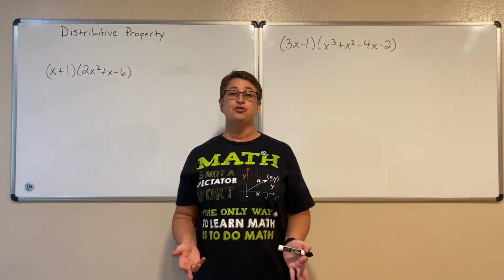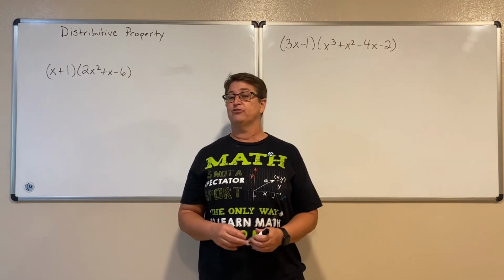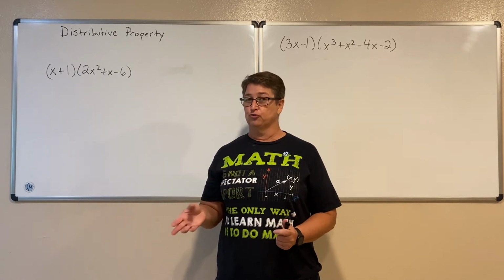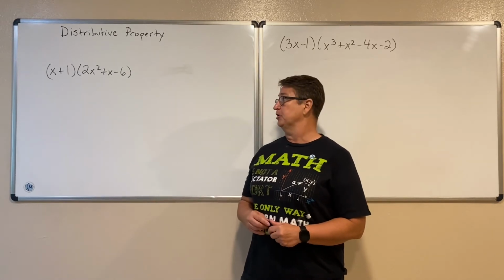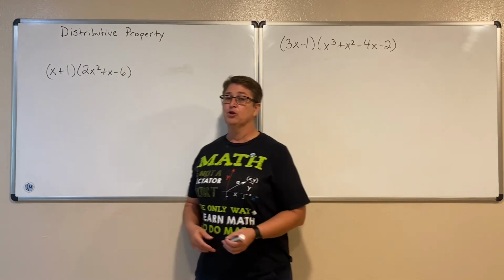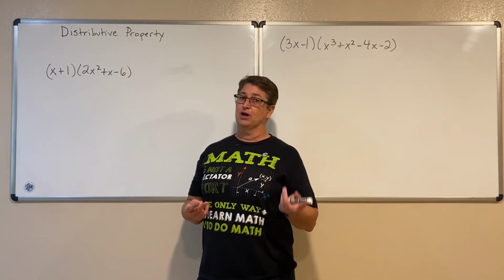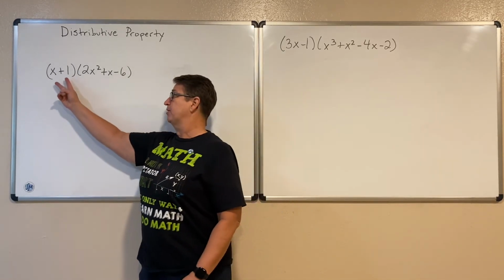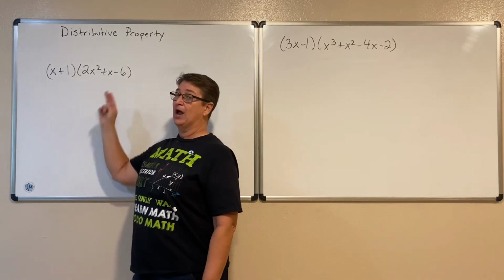We're going to continue to use the distributive property with more and more difficult polynomials that we're multiplying together. So before we multiplied a binomial times a binomial, in this one I'm going to multiply a binomial times a trinomial.